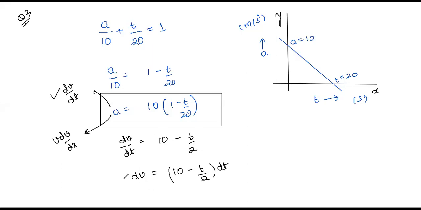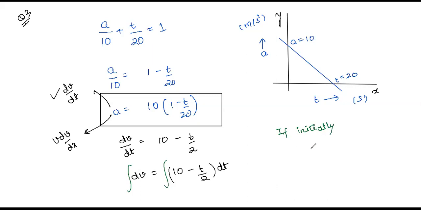Next step is integrate both sides. Next step is take the limits. See, are the limits given in the question, Siddharth? No, sir. See, the limits are given very subtly.